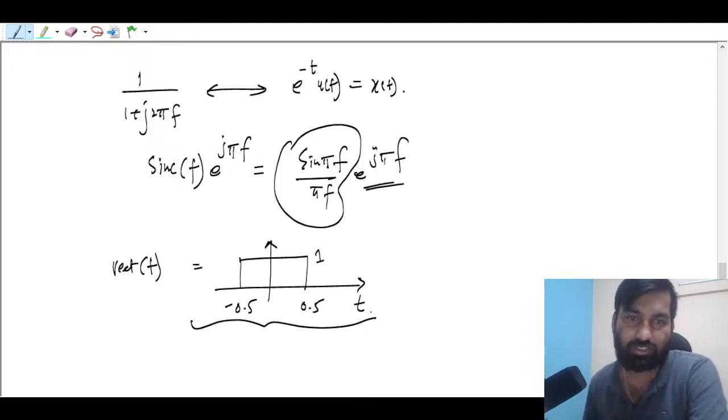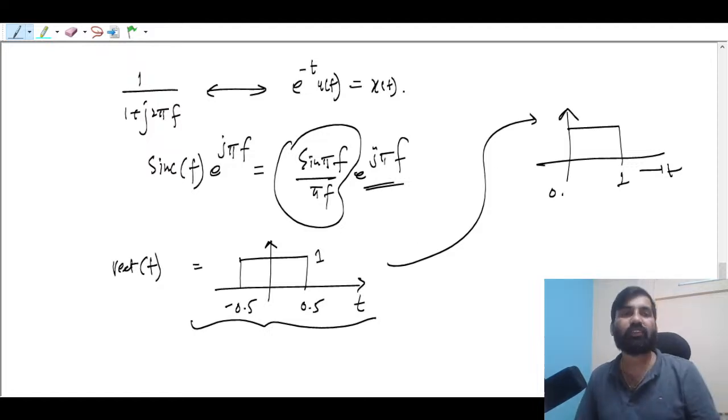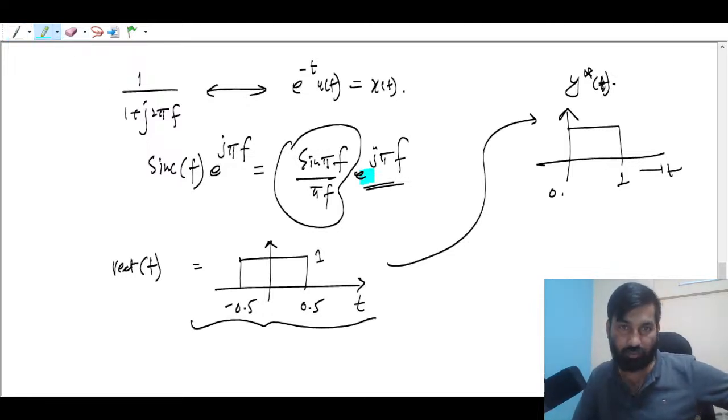If you shift this to the right, it becomes 0 to 1. So this is nothing but your y star of t, understood? Because of this exponential, we are shifting this signal to the right by 0.5.